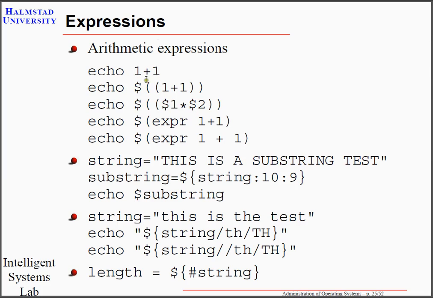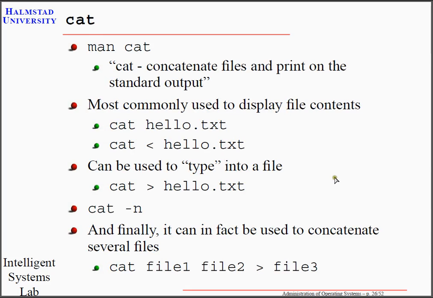And typically for most expressions, the bash shell uses a $ sign followed by a different number and kind of parentheses. So this will be the arithmetic expression, this will execute a particular command, this will be one of the string operations.